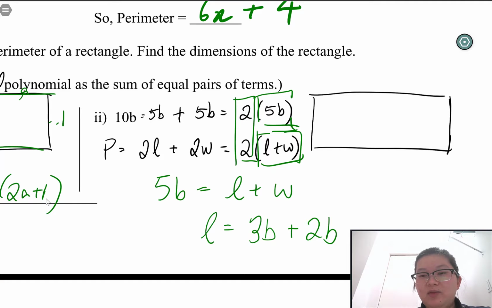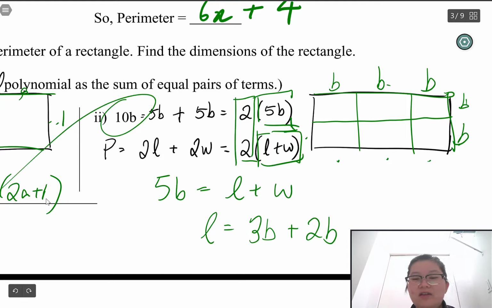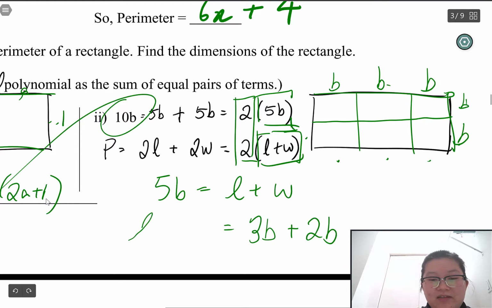If I separate this out into 3 sections, this is a b, this is a b, and this is a b, and this is going to be a b as well. So my length is 3b, and my width is 2b. If I count the total b's, 1, 2, 3, 4, 5, 6, 7, 8, 9, 10 b's total, this is legit. Oops, this should be length plus width. Okay, so there you go.